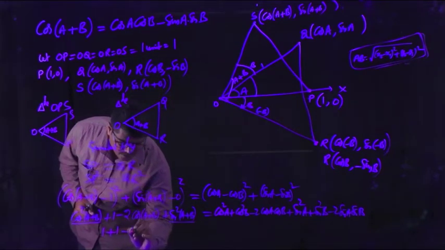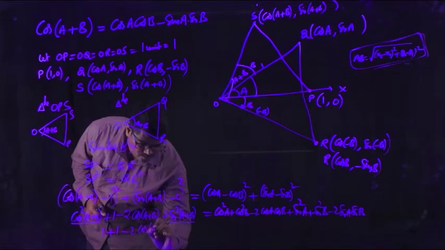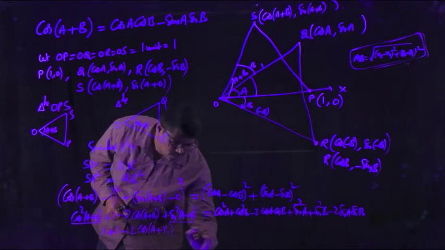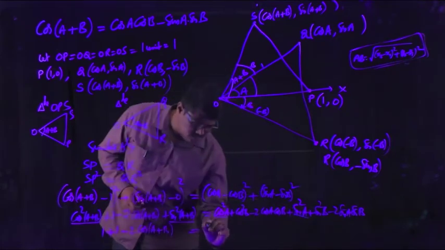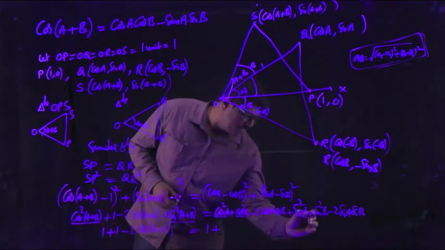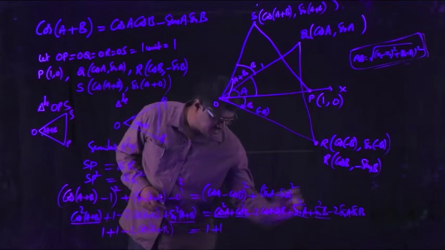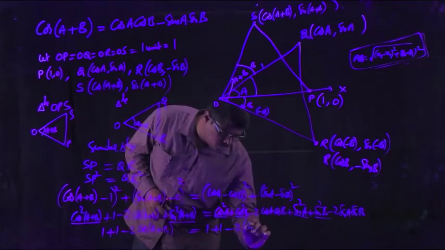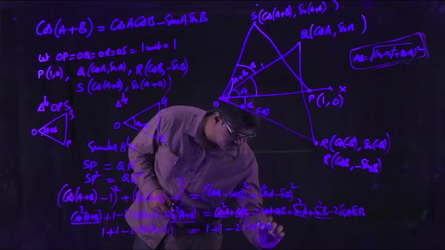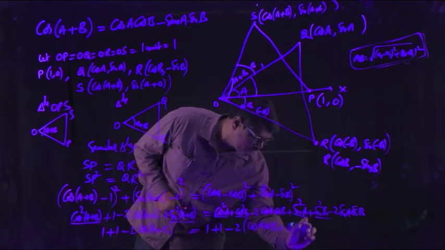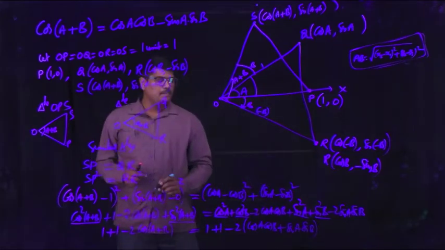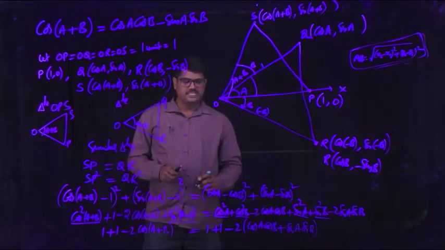So 1 plus 1 minus 2 cos of A plus B. Here also cos square A plus sin square A becomes 1, and cos square B plus sin square B becomes 1. Separating minus 2 from the remaining, you will get cos A cos B plus sin A sin B.